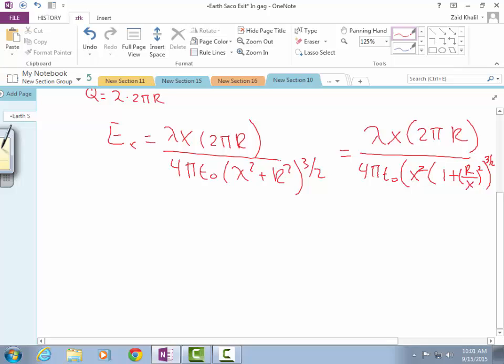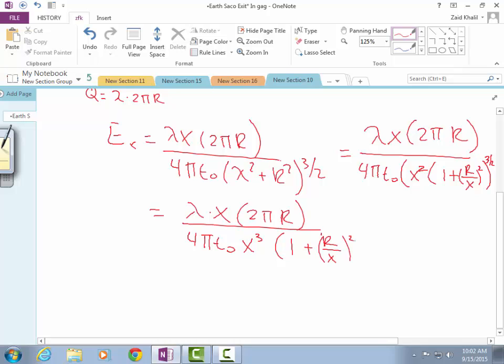Is that correct? So now, this is equal to lambda times x times 2 pi r over 4 pi epsilon naught, and now what's x squared raised to the 3/2? x to the third, and then we have (1 plus (r over x) squared) to the 3/2, correct?